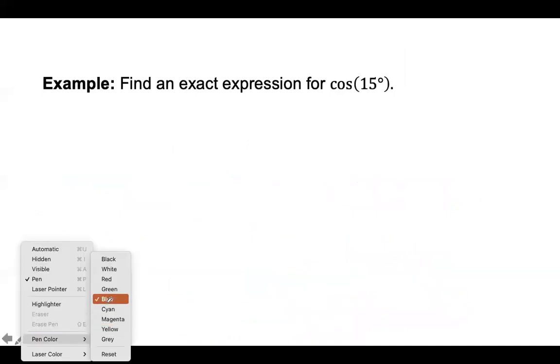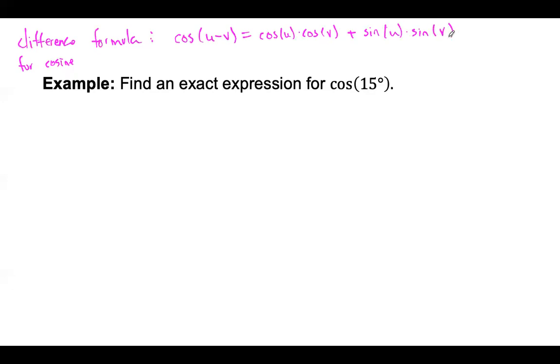So our difference formula, I'll just copy it down again. So our difference formula for cosine is cos of u minus v is equal to cos of u times cos of v plus sine of u times sine of v.